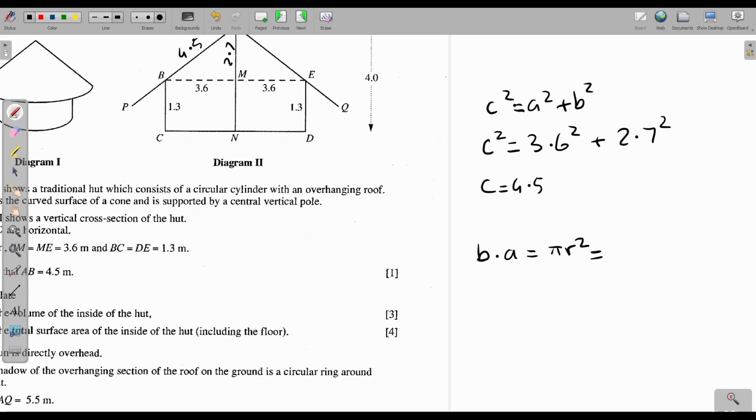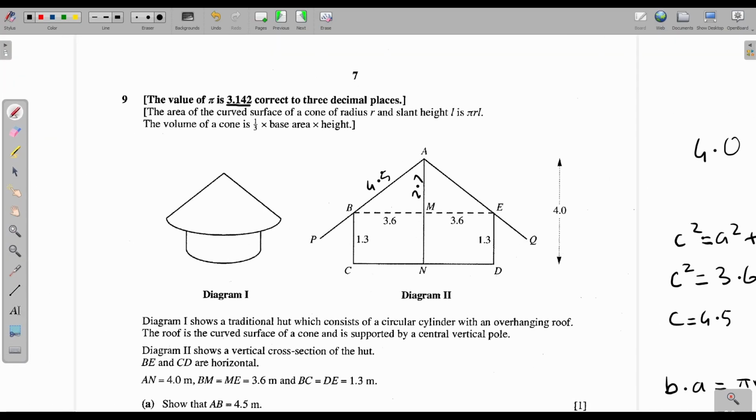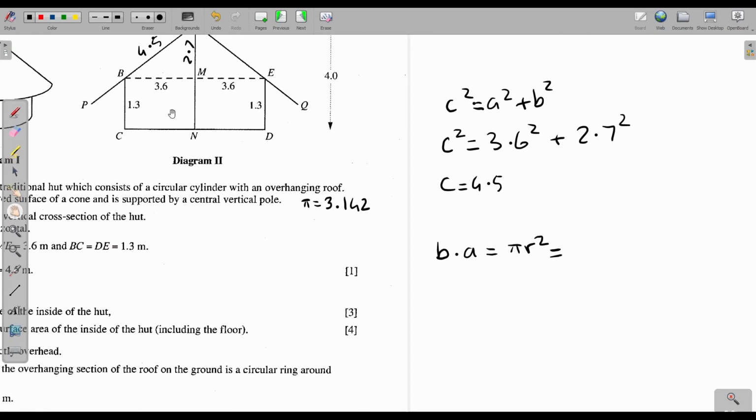Pi r squared, which they gave us a value for pi. I should note that down so that it's easier to reach. 3.142 is what they want us to use as pi, and the radius is 3.6. Radius is half the diameter. So this is going to be 3.142 into 3.6 squared into the height of the cylinder, which is 1.3.